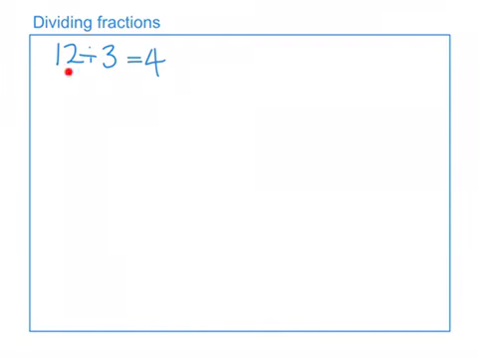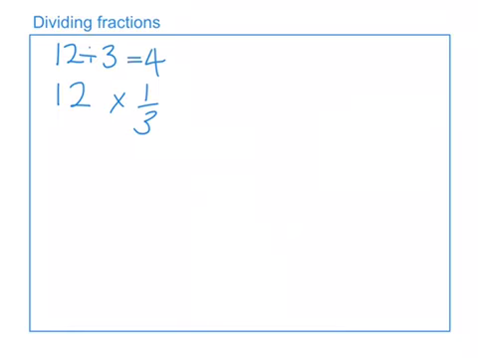Now, hopefully we're all quite happy with the fact that 12 divided by 3 equals 4. Remembering here the divisor is this number here. I just want to rephrase 12 divided by 3 is equal to 4. We could say, well, I'm starting with the number 12, and then I've got to find a third of it. So it's like I'm multiplying it by a third.